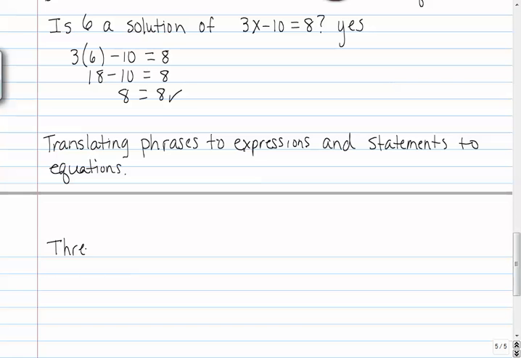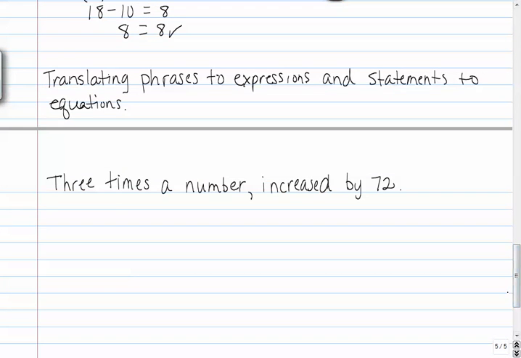So let's look at this one. 3 times a number increased by 72.